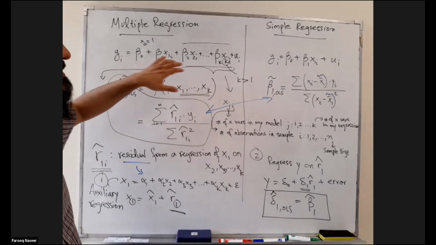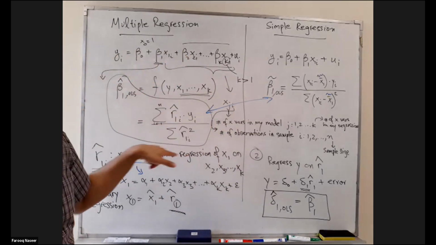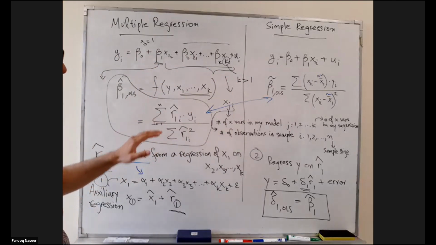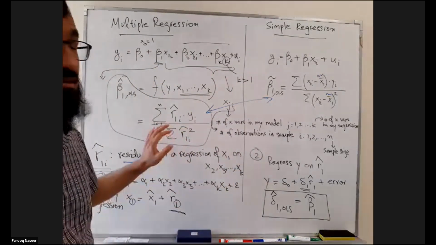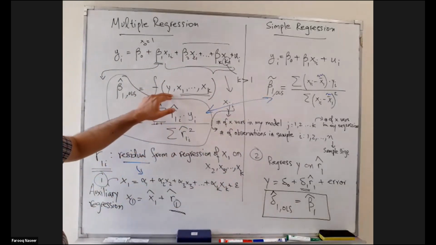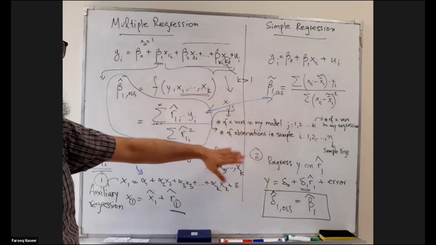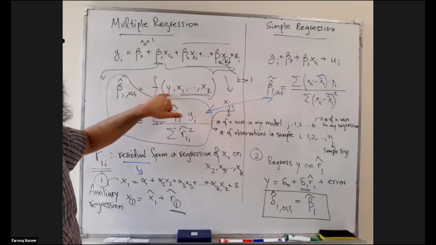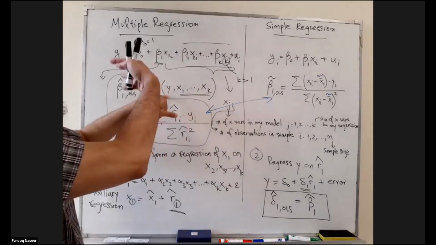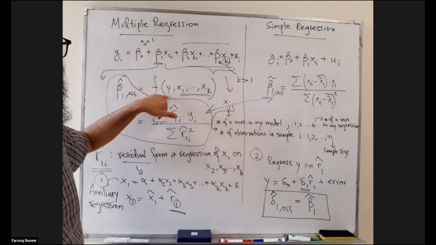Stata calculates the coefficients in that model using this formula. And Stata does not need to do this two-step procedure because, as I said, there's another expression for this formula in terms of the original variables. I wrote the matrix equivalent of this formula and erased it. So Stata can use this formula to directly tell you the values of these beta coefficients in your multiple regression.